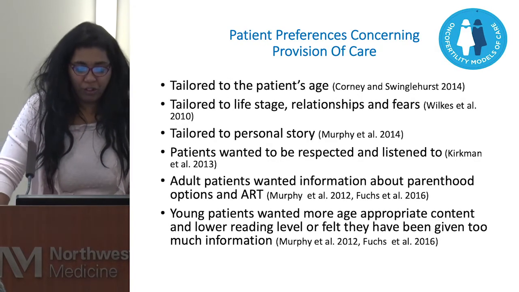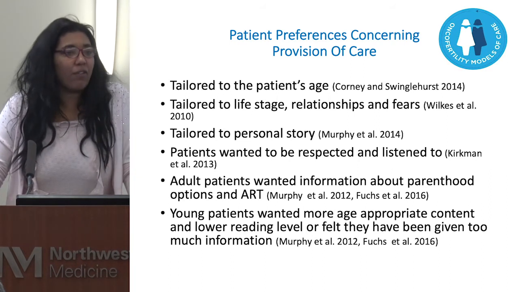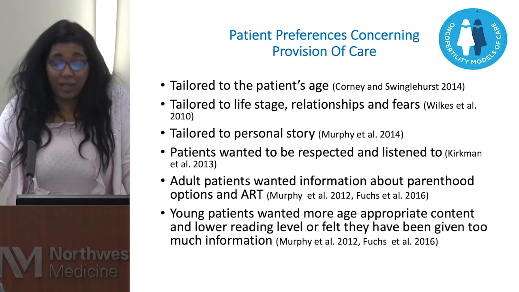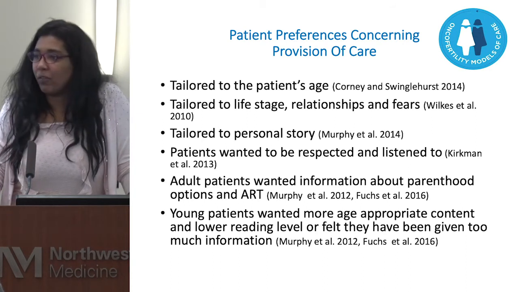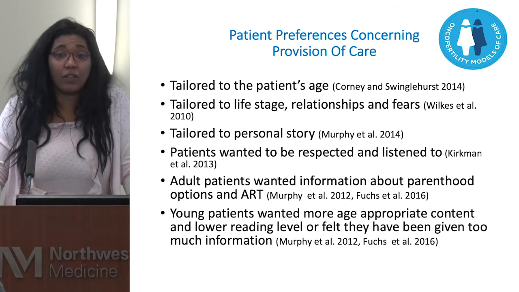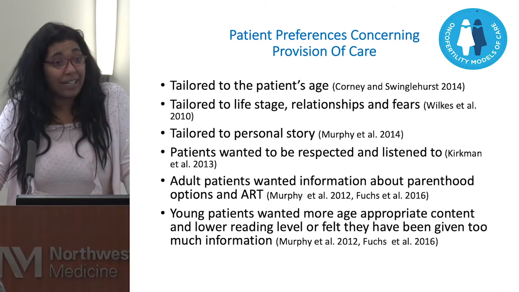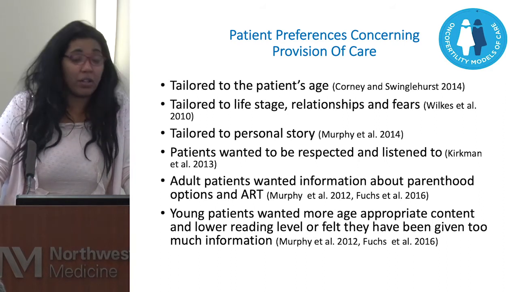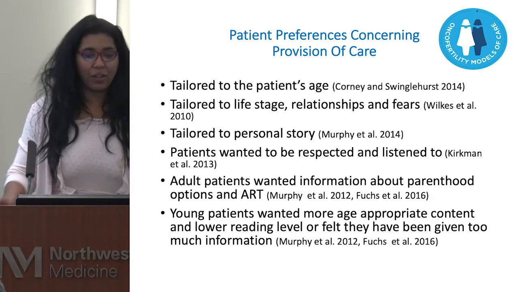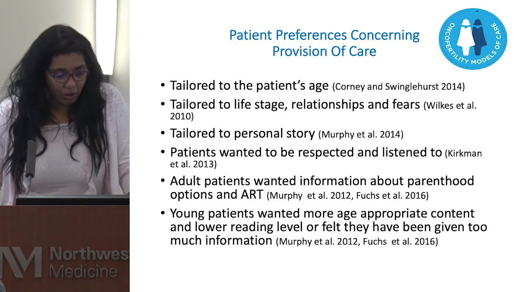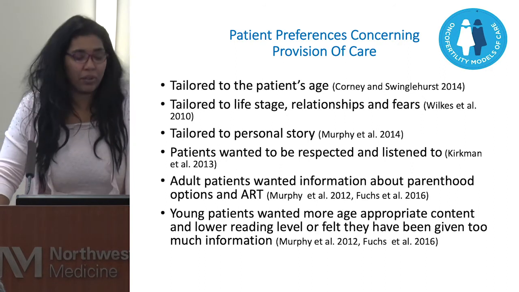In terms of provisions of care, though, they felt that the information needed to be tailored by their age, tailored to their life stage, relationships and fears. So many of these younger patients haven't necessarily been sexually active, haven't been partnered, haven't thought or haven't decided about sexuality. So the information had to be given in that context and tailored to their personal stories.